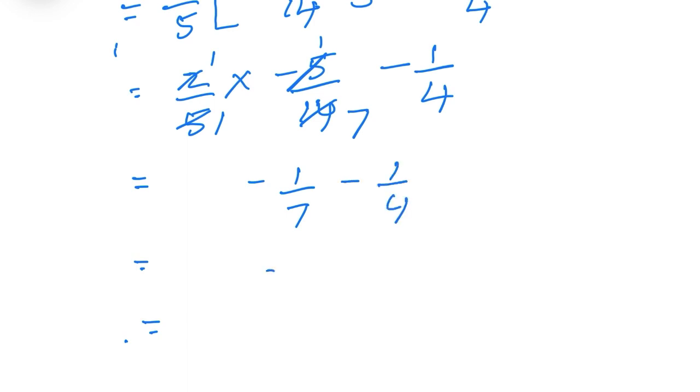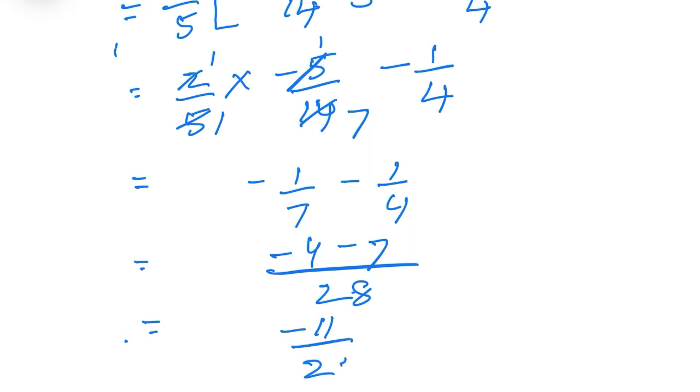What is the LCM of these two? 7 and 4, 28, because they are mutual primes. 7 4 times 4 into 1 minus 4, minus 4 7 times 7 into 1 7, that is equal to minus 11. Minus 4 minus 7 means both have the same sign, so add these two. Minus 4 minus 7 minus 11 by 28.